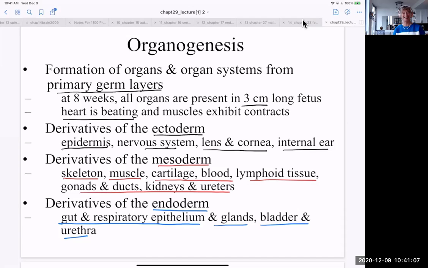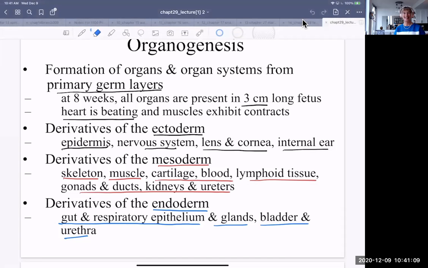Anyone remember? Starts with an A. Acrosomal. Acrosomal. So those are the enzymes that make way for the sperm to fuse with the egg's plasma membrane.